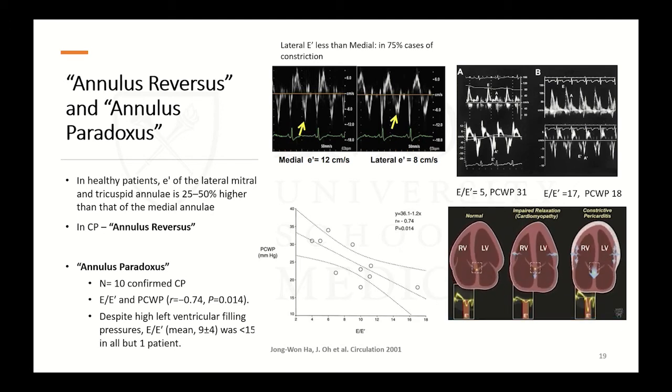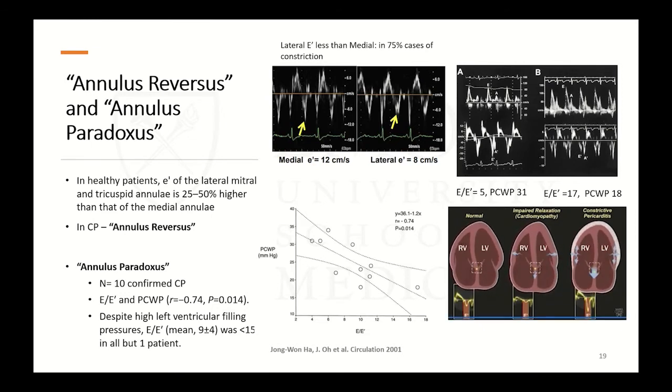And this happens because if you pay attention to the right side, your lateral annulus is tethered by the fibrotic pericardium. So if you have tethering of the lateral annulus, the only way the heart can expand or contract is longitudinally. And it does so by increasing the E prime, or movement of the medial tissue Doppler signal.